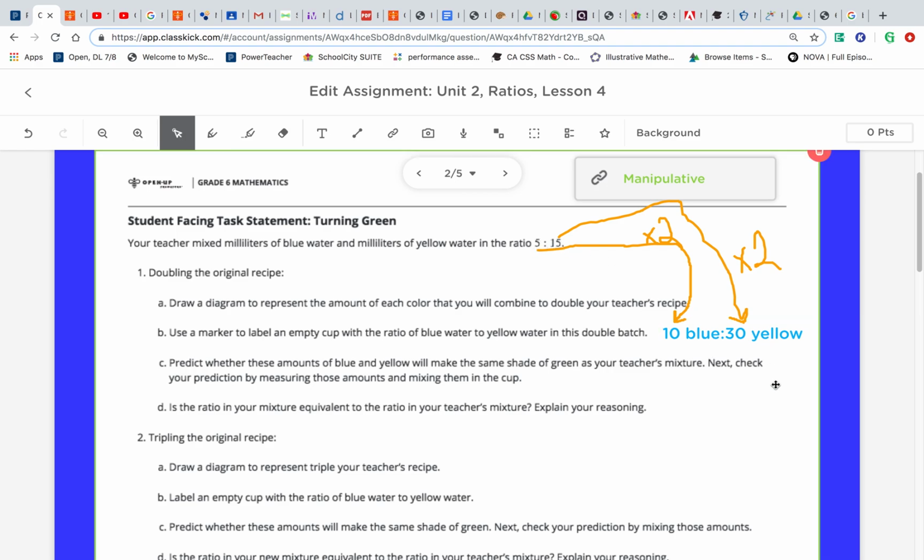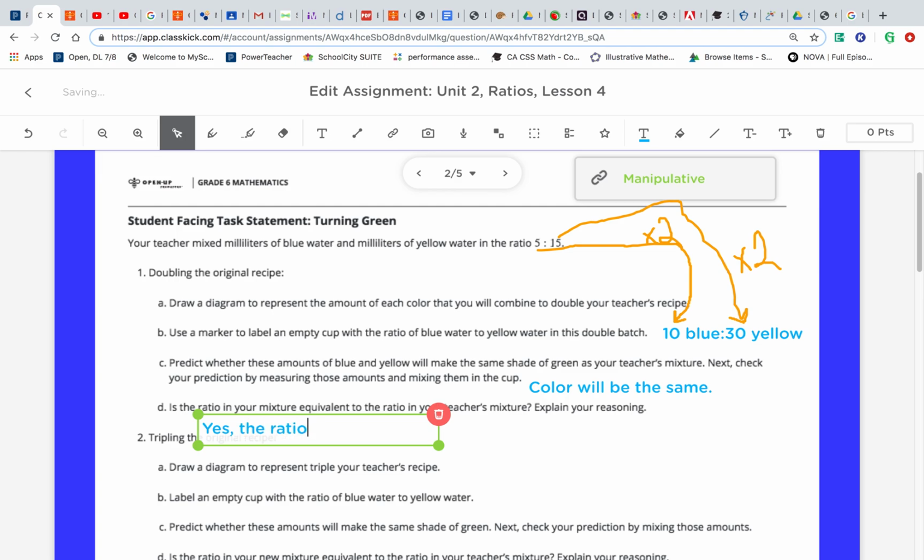Those are equivalent ratios, so it should give us the same color. The color will be the same, and we just said that it is equivalent. So yes, the ratios are equivalent.